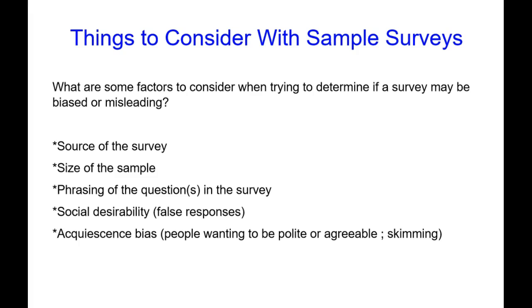The fourth thing is social desirability. Social desirability refers to people who tend to give a false answer based on social norms. An example would be a survey conducted on 16 and 17-year-old students, trying to determine what percentage of them have smoked cigarettes or currently smoke cigarettes.